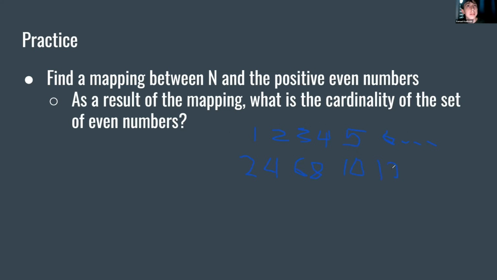You can actually just look at these two lists, and just by listing them, we have made a mapping. We can map every natural number n to the even number 2 times n. So 1 multiplied by 2 gives us 2. 2 times 2 is 4. 3 times 2 is 6. 4 times 2 is 8, and so on. And in this way, we can map every natural number to every positive even number.